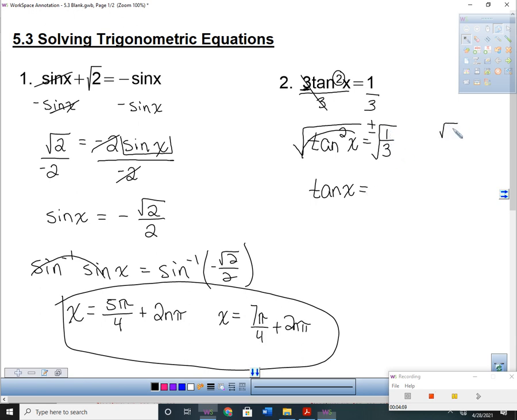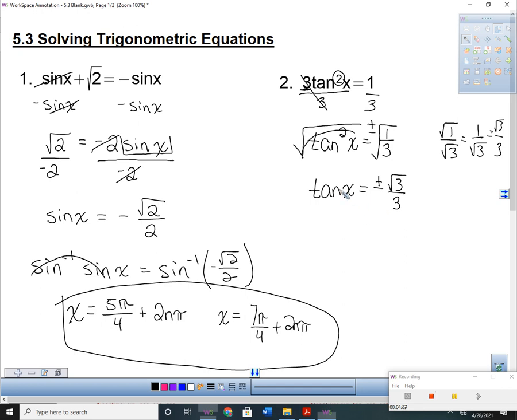So really this is the square root of 1 over the square root of 3, right? Which is 1 over the square root of 3. But if I rationalize that, that would be the square root of 3 over 3. So I have plus or minus the square root of 3 over 3.